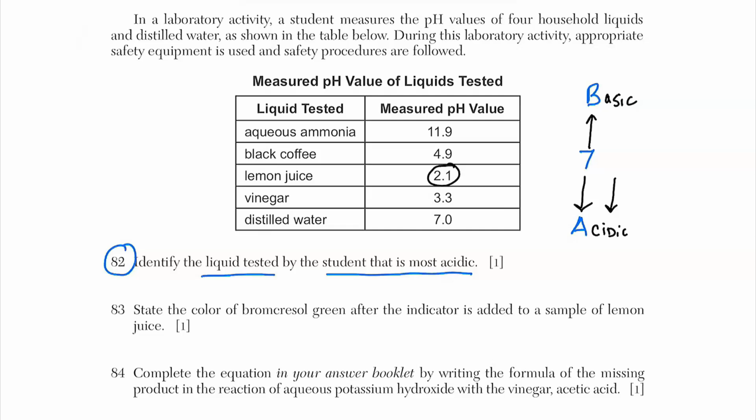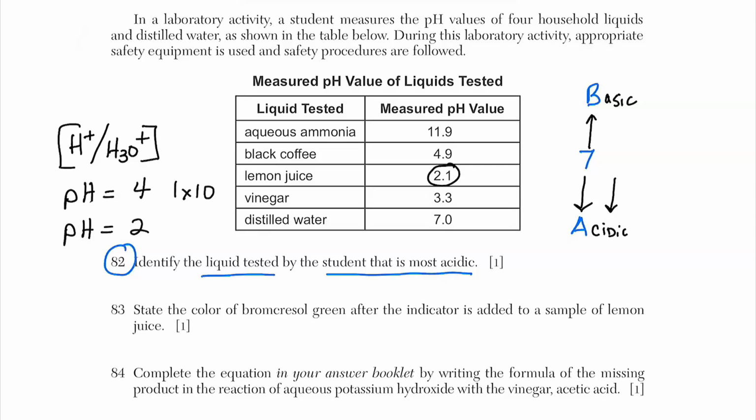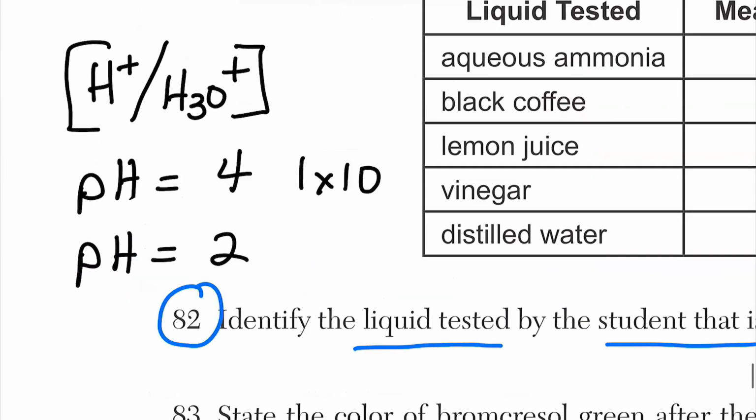You need to know that the pH drops as things get more acidic because the H+ ion concentration, or the H3O+, they're synonymous, is increasing. Case in point, if we compare a pH of 4 with a pH of 2, 2 being more acidic, here's the reasoning. A pH of 4 has a molarity of these ions of 1 times 10 to the negative 4.